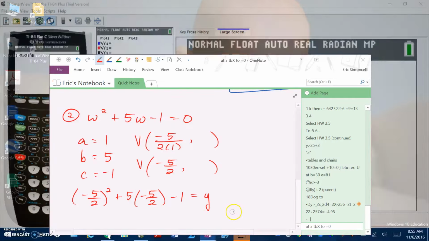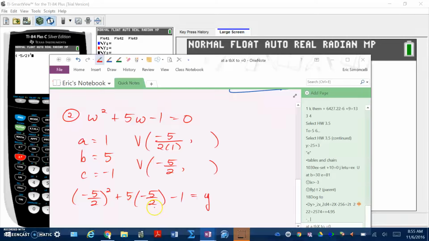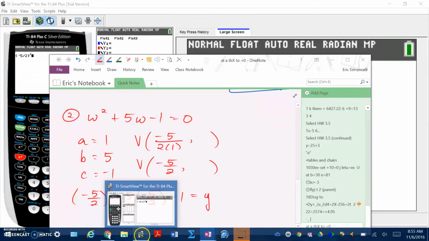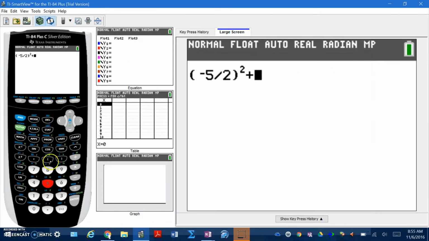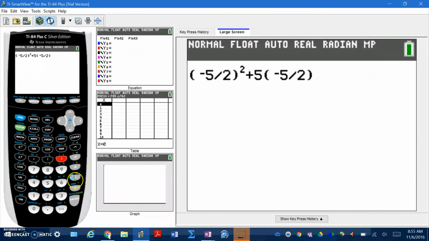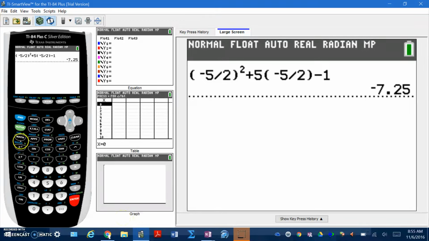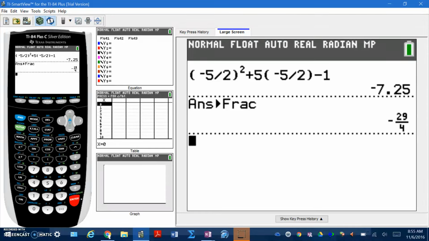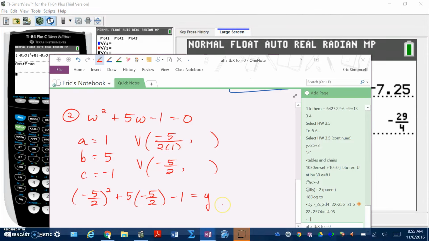And then again, we had plus 5 times the quantity negative 5 halves. And then lastly, minus 1. Okay, so negative 7.25, or as a fraction, negative 29 fourths. Okay, so I'll write down negative 29 fourths.